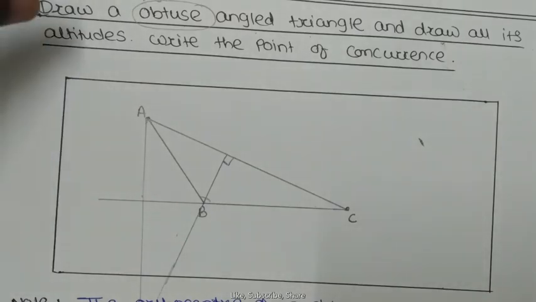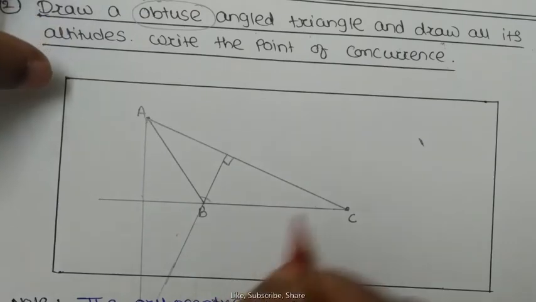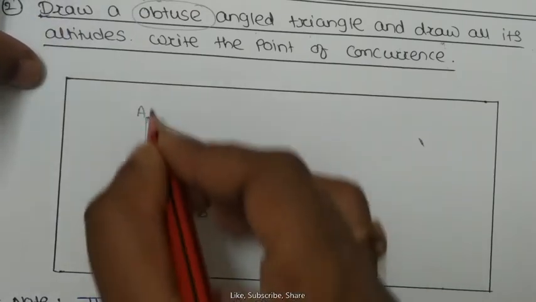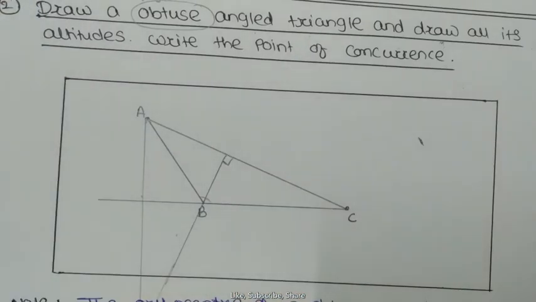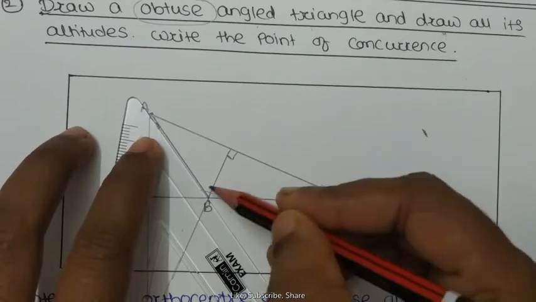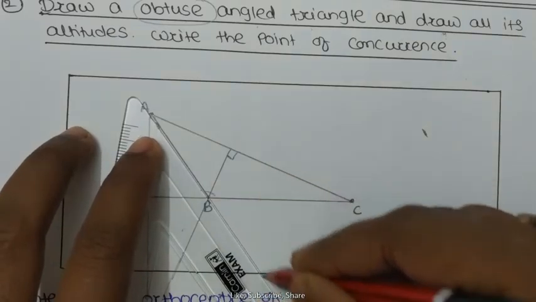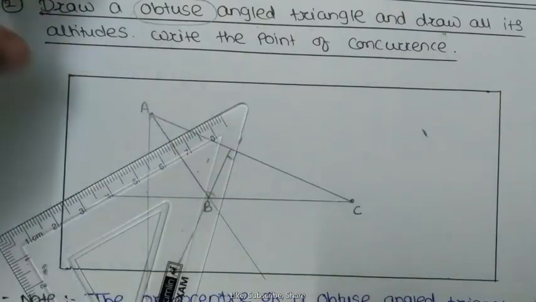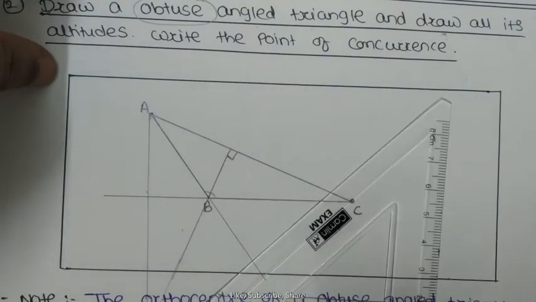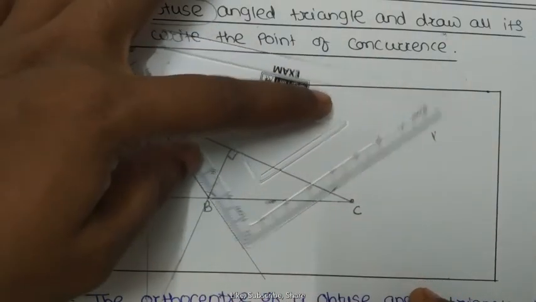Okay. Now, next one is the vertex C. So the opposite side of vertex C is AB. So extend this one like this. Now put the set square like this.